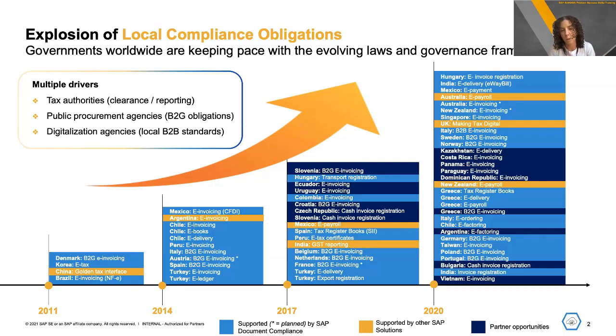But if we look at now, pretty much every country around the world has invested in digitalization, and as a result has changed the compliance requirements. The different countries have different drivers behind the changes they introduce, but they are all moving to transform the mandates, leveraging the latest digital technology to digitalize their processes and improve transparency.